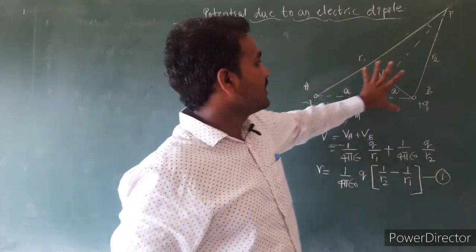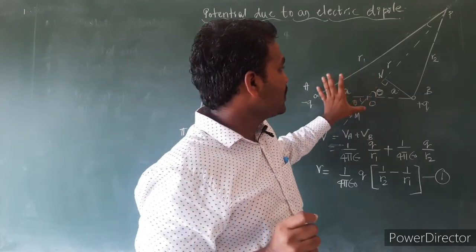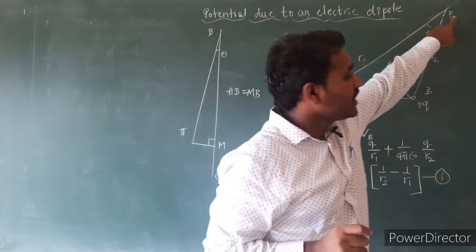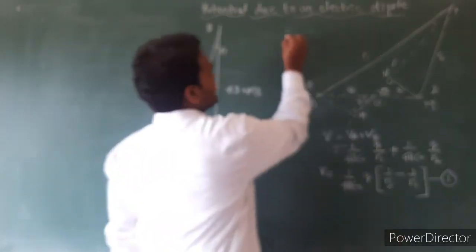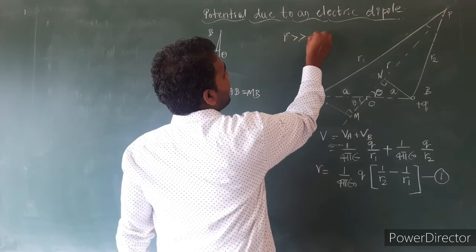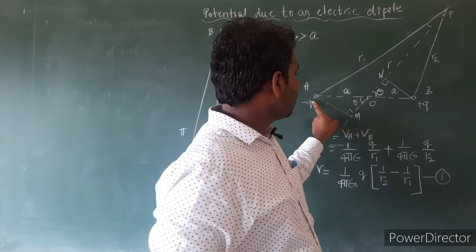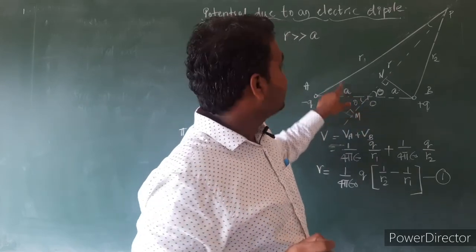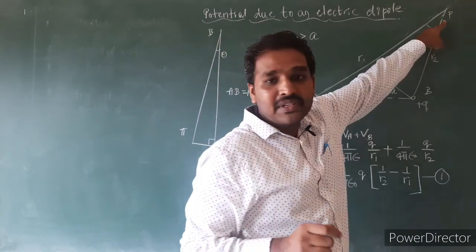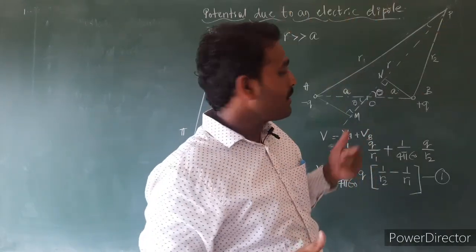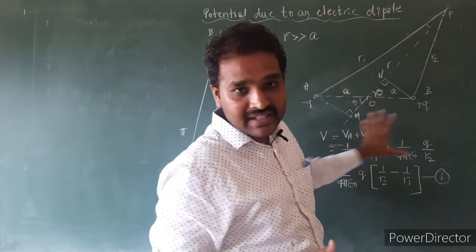Even though this figure is exaggerated, actually what we do is consider the point P at a very large distance from this midpoint, such that R is much greater than A. So the distance between A and O, which I write as A, is very small compared to the distance R. This point P is at a very large distance compared to A. But for understanding, I am just exaggerating the figure.